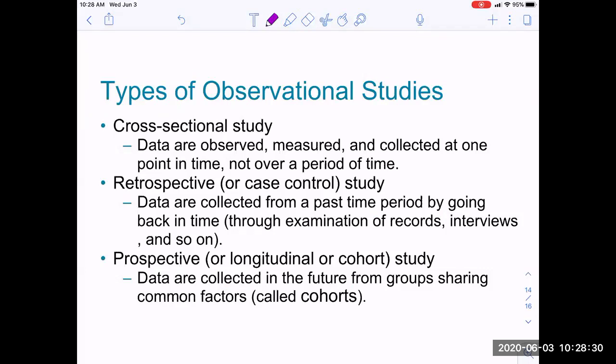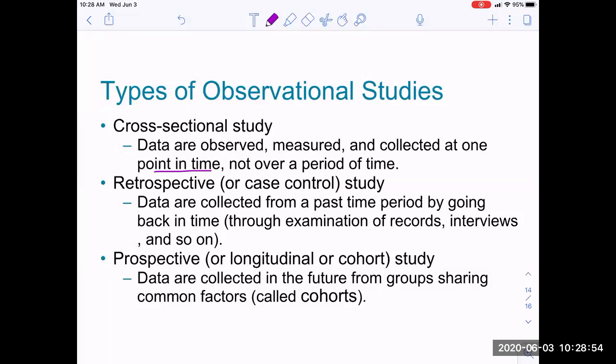Just to end this, some different types of observational studies. Cross-sectional: if I asked your opinion today on the coronavirus, that's one point in time, so I'm doing cross-sectional. If I was to interview and say, how have your thoughts on the virus and the pandemic changed over time?